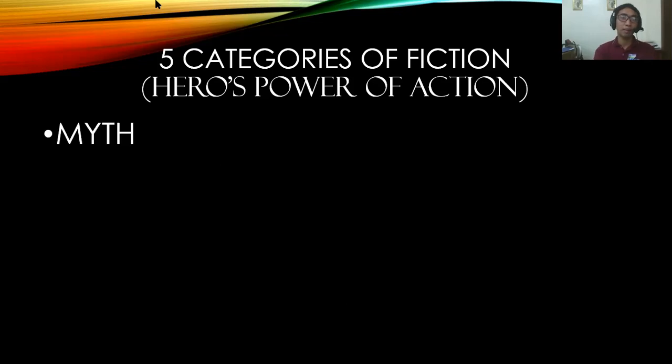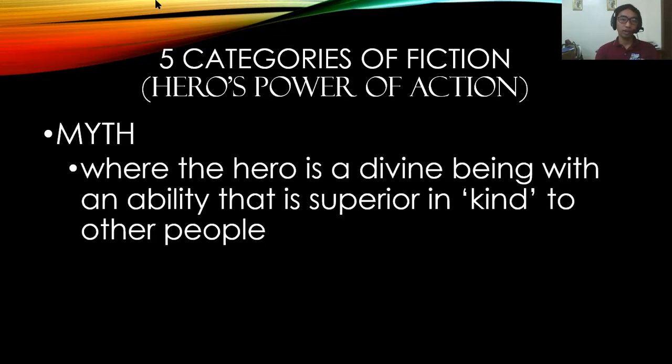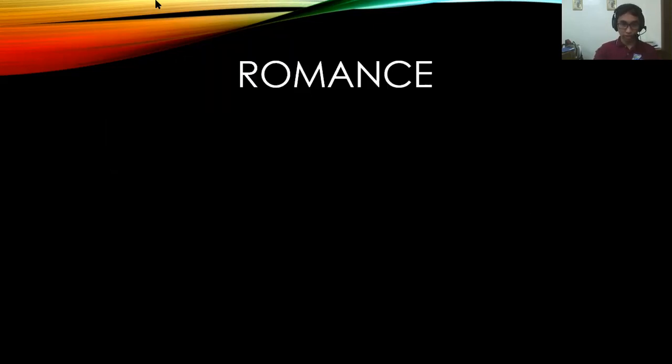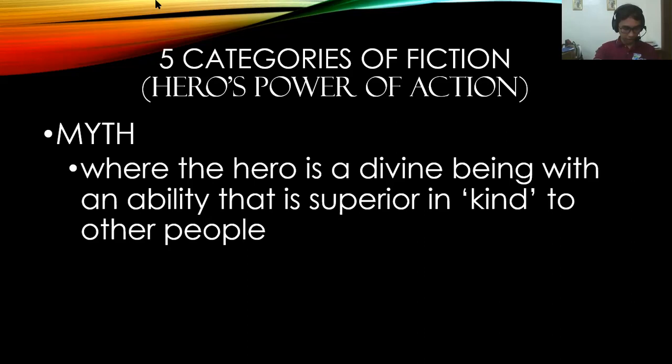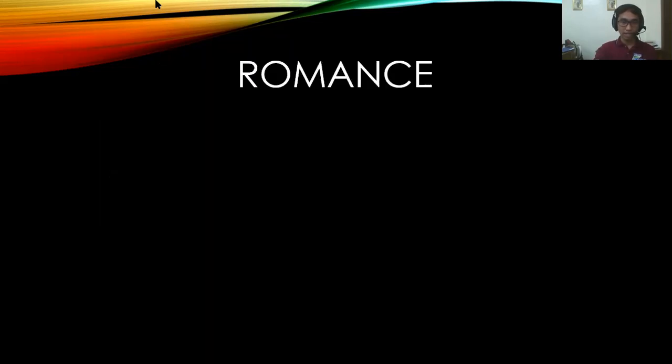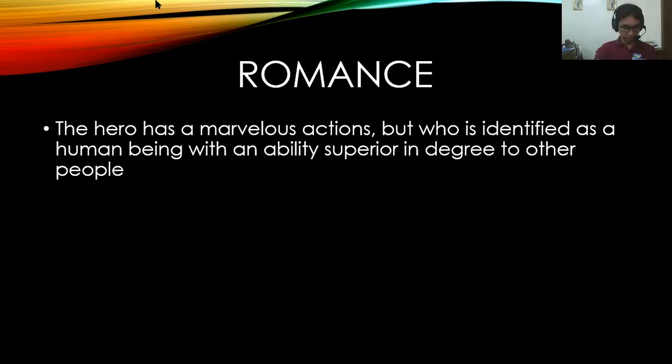Number 1 is myth, where the hero is a divine being with an ability superior in kind to other people and to the environment. Examples of this are Lam-ang or Hercules. That's the number 1 category according to the hero's power of action. The second one is romance.